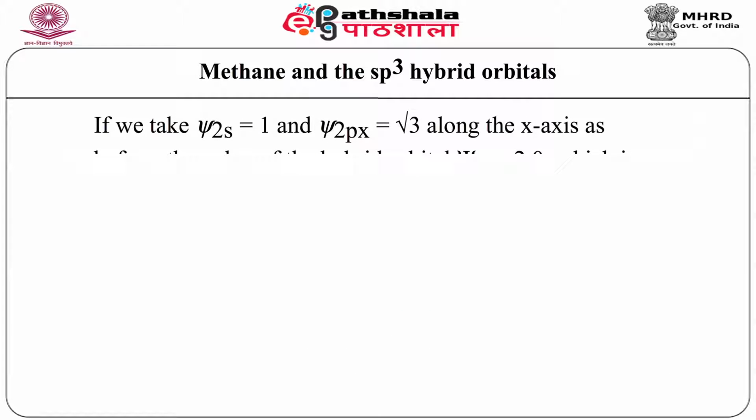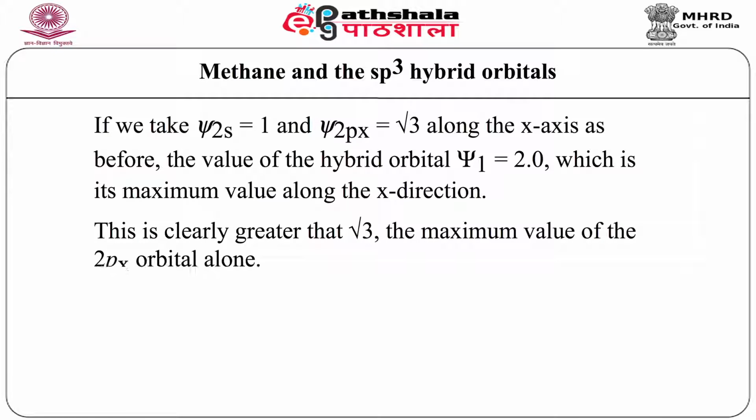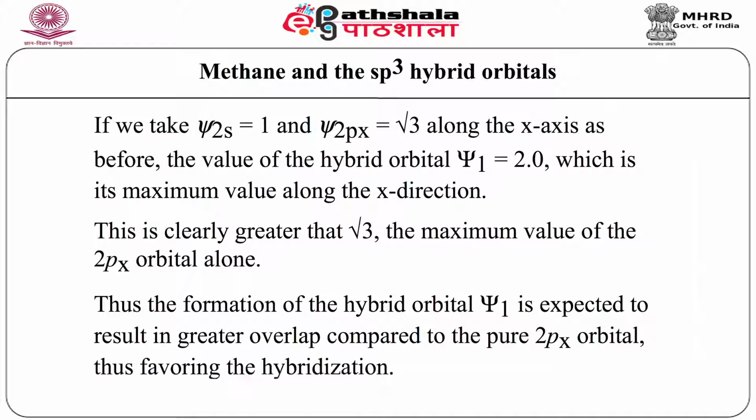If we take Ψ2s equals 1 and Ψ2px equals square root of 3 along the x-axis as before, the value of the hybrid orbital Ψ1 equals 2.0, which is its maximum value along the x direction. This is clearly greater than root 3, the maximum value of the 2px orbital alone.